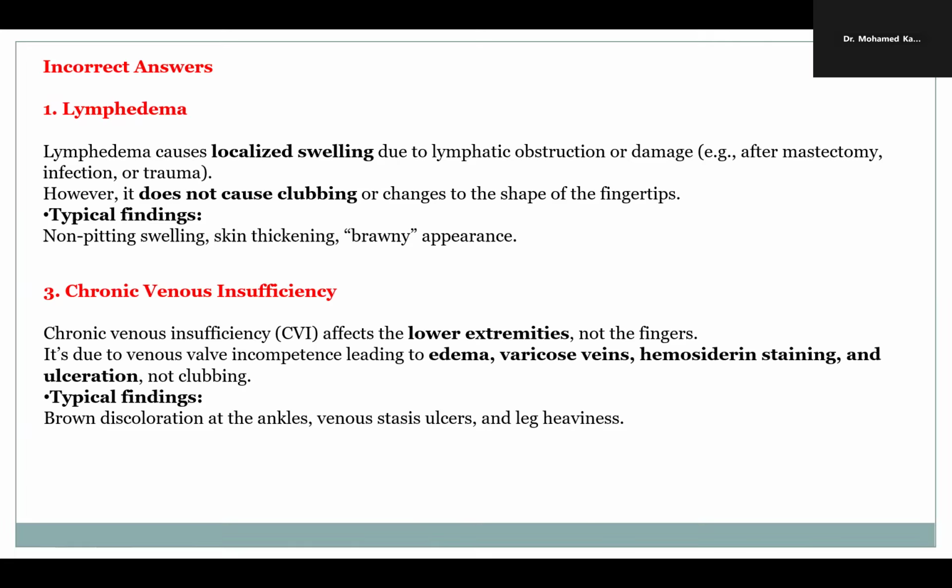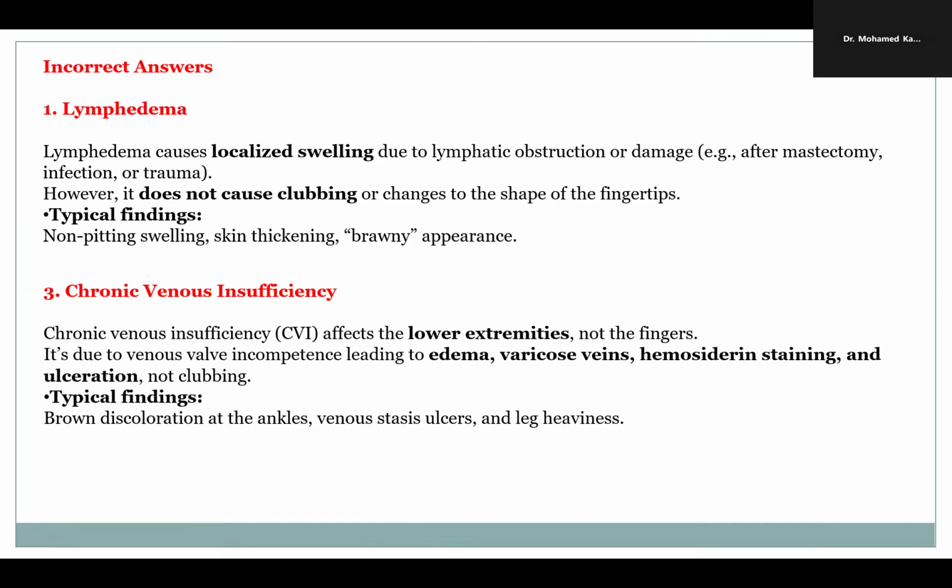Chronic venous insufficiency is a condition affecting the lower extremity, not the fingers. There will be incompetent valves of the veins, so blood will be going distally, but there will be a problem with the venous return, or returning blood to the heart.